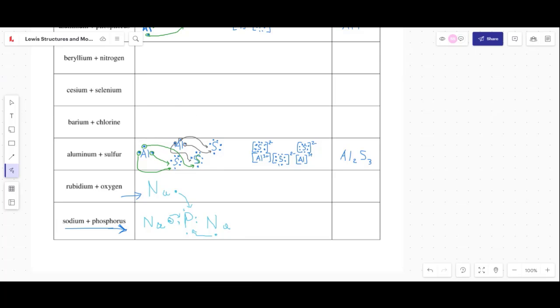As happy as it's going to get, right? Yep, it's good. Three sodiums for 1 phosphorus. The phosphorus was missing 3 valence electrons. It needed 3 to form an octet, so it took 1 from 3 different sodiums. Now it's happy. It has a full octet. Very good.